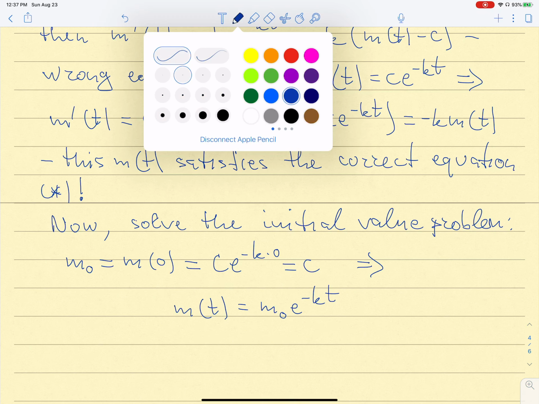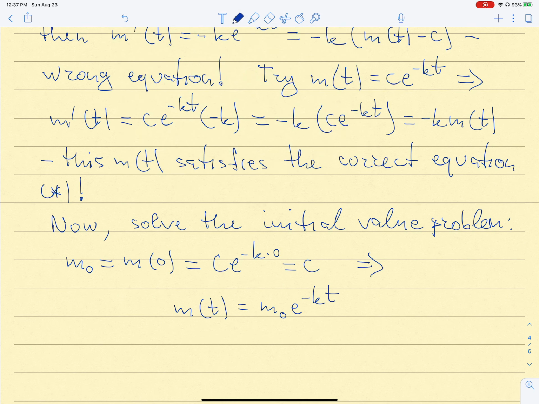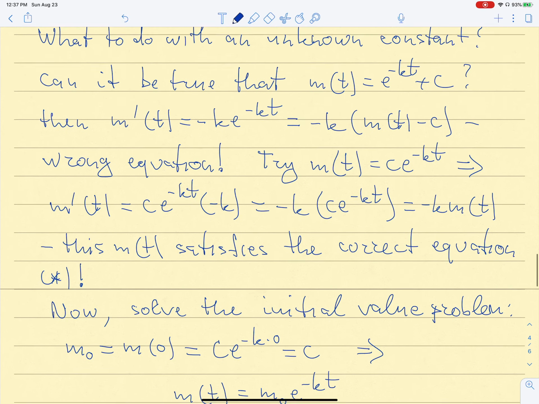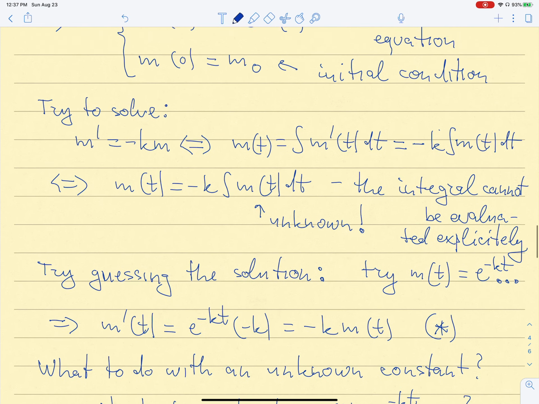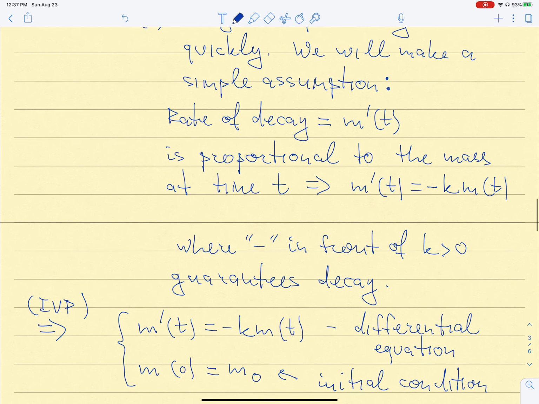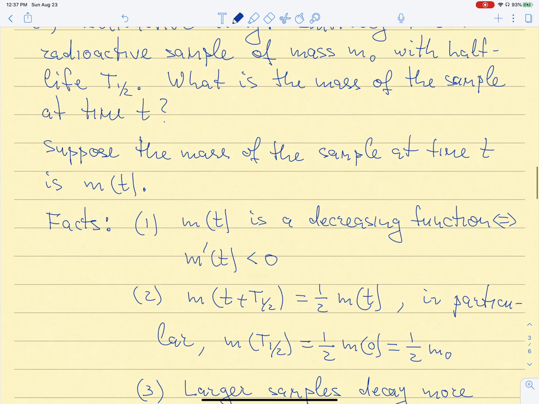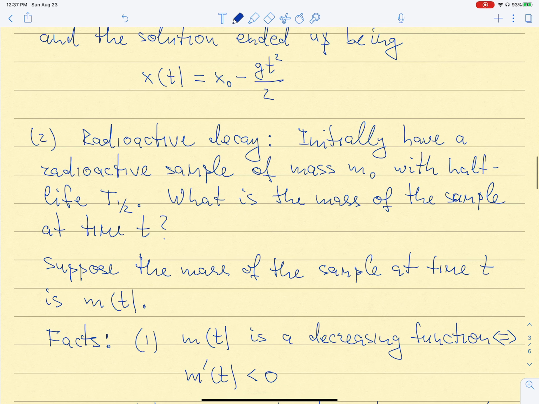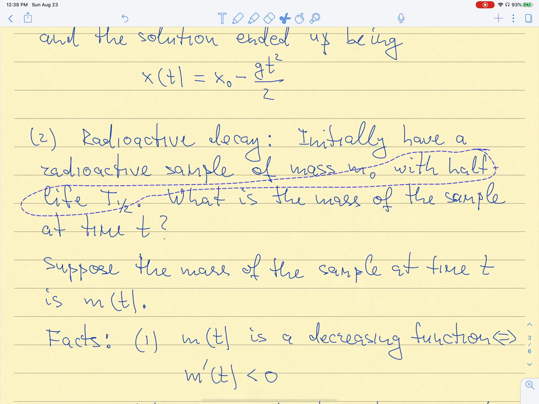One thing which I'm not going to do here, but we're going to do in the future. In the beginning, I did not tell you anything about this constant k. What I said is that the radioactive substance has a half-life equal to T1 half.